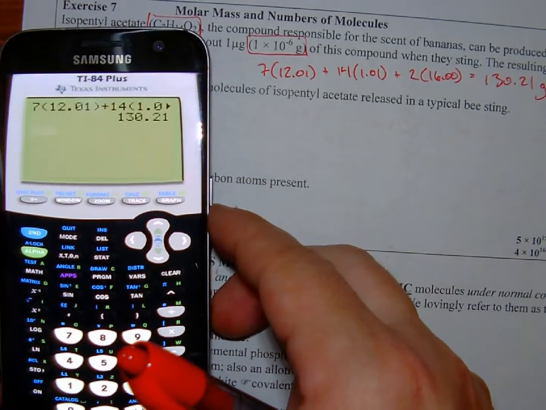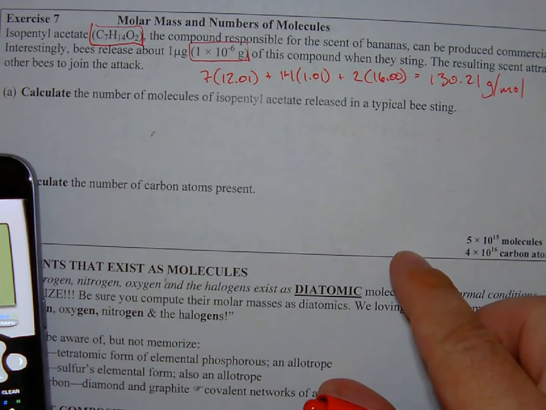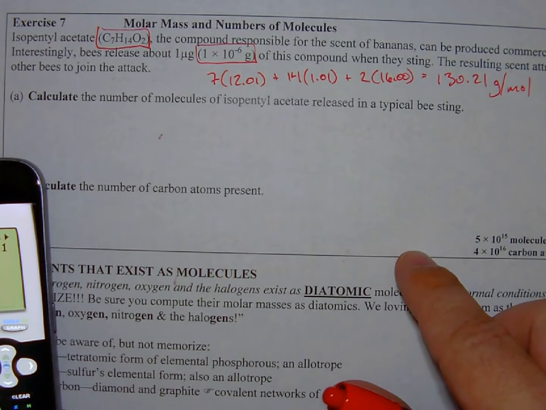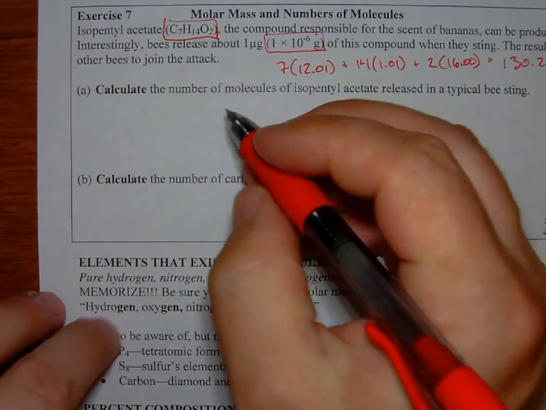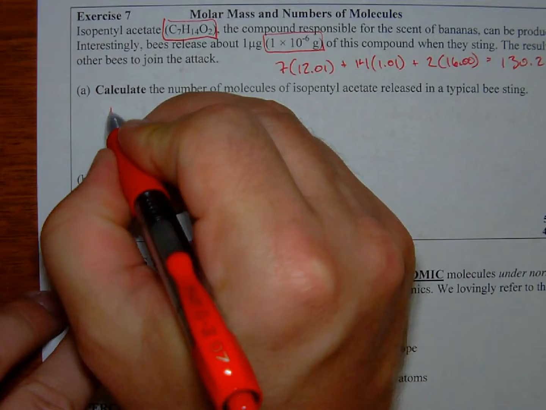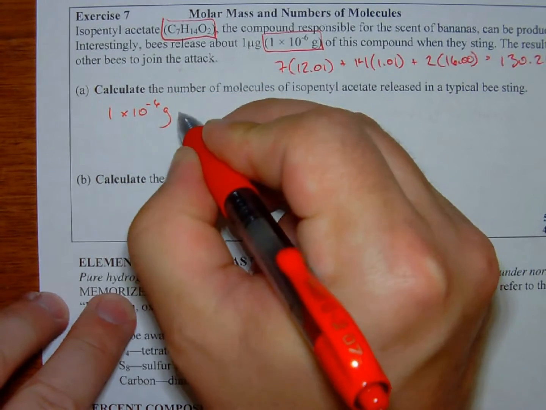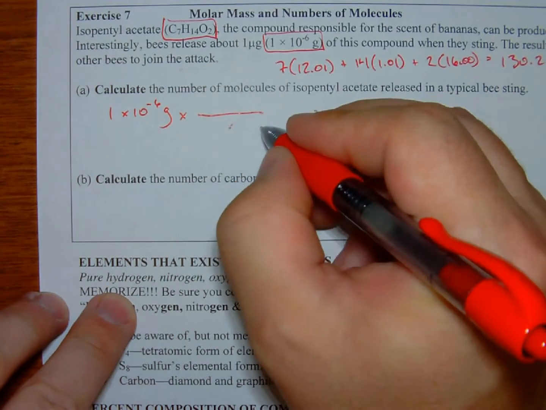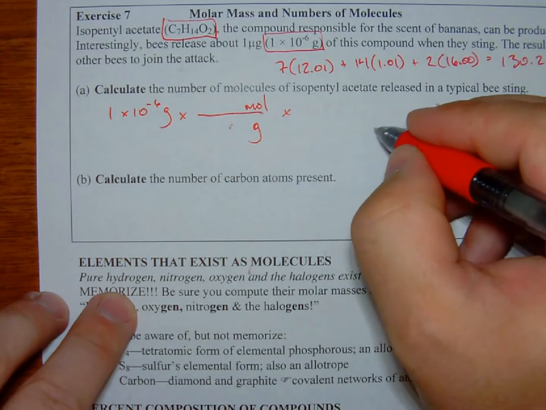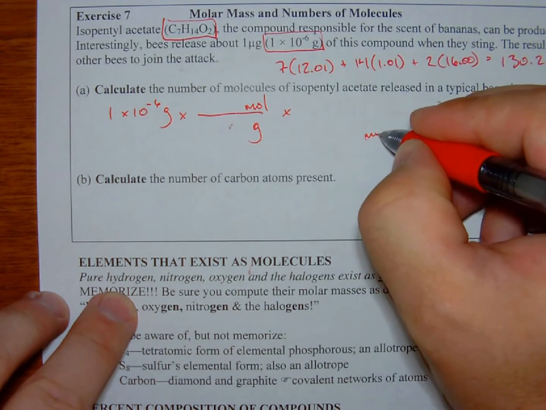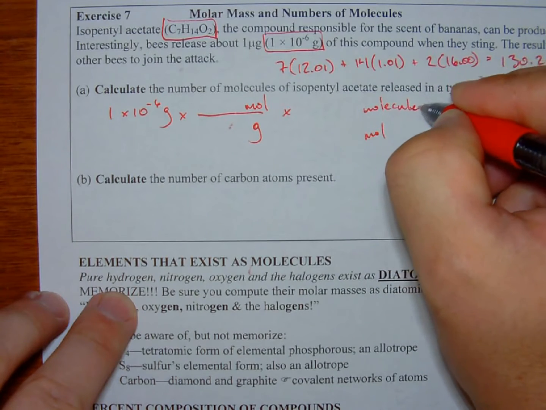Now, actually, I'm going to bring that back. This is not an answer. This is just a piece of information that we need to get to the answer. So remember, we have to go from grams to moles, and then from moles to molecules.